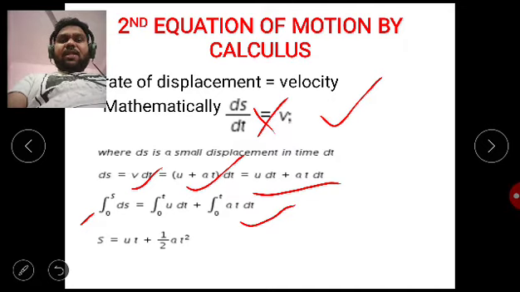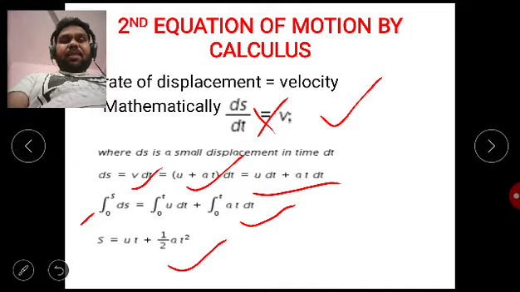We have already covered integration in our previous topics. So what you will get is s is equal to ut plus half at square. This is the second equation of motion, or kinematic equation for uniformly accelerated motion number 2. It is also called the position time relationship.